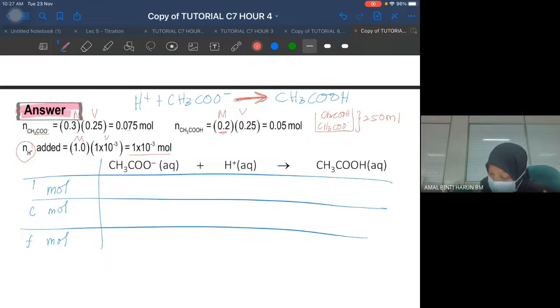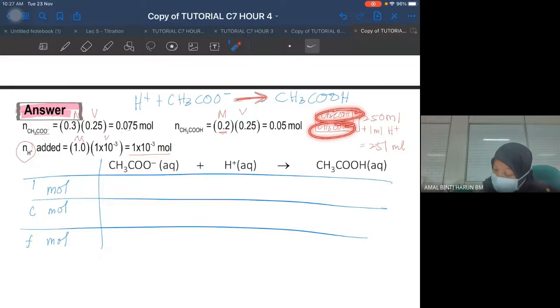Lepas tu you tambah 1 ml strong acid. So dia dah jadi 251 ml. So automatic concentration acid dan concentration base dalam 251 ml solution ni dah berubah concentration dia. It's no longer 0.2, it's no longer 0.3. So sebab total volume dah jadi 251.